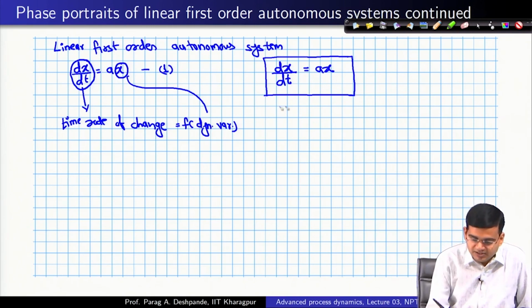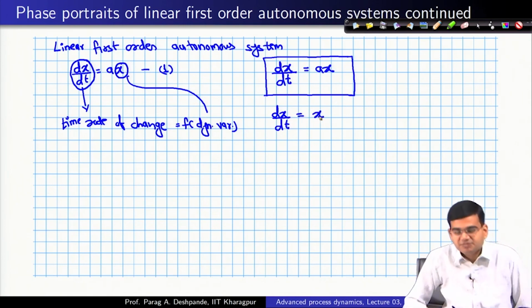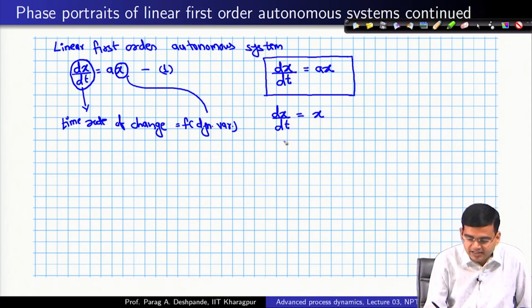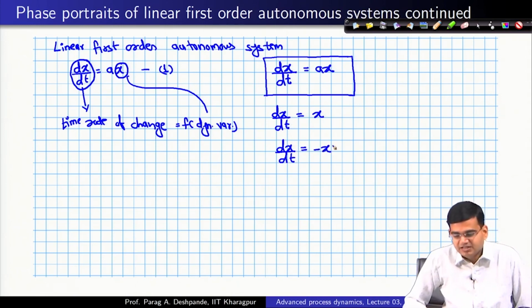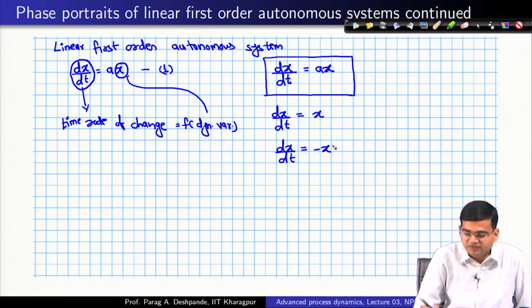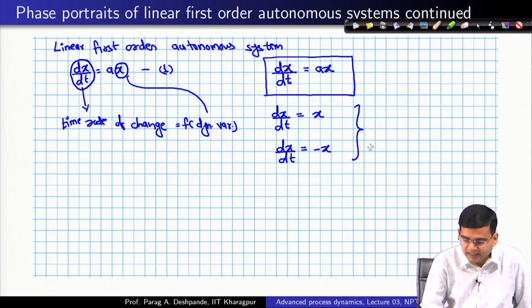So, if a is equal to 1, then you have the equation dx by dt is equal to x, and when a is equal to minus 1, then the equation is dx by dt is equal to minus x. So, therefore, these are two equations, right.